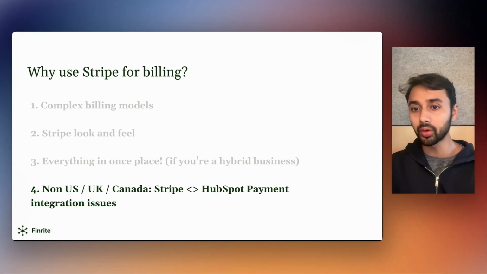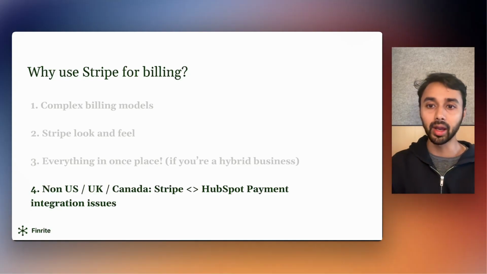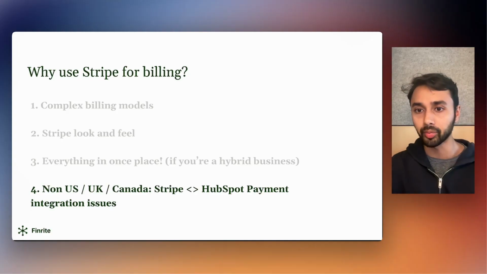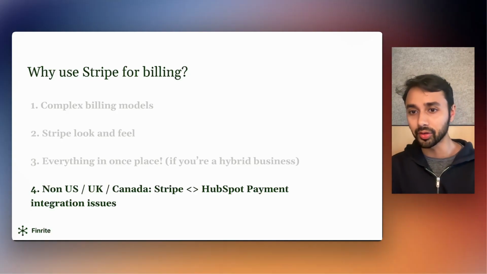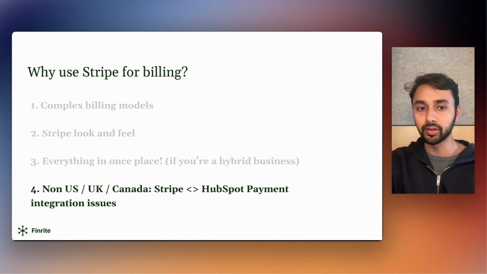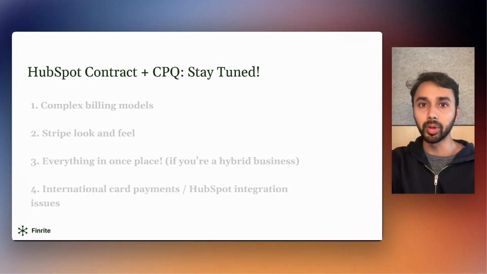You can still bring over a pre-existing Stripe account to charge in countries outside those three, but those integrations can sometimes be difficult and break in cases where you've synced previously that Stripe account to a different HubSpot account. We won't get into the details of that, but it can be a lot easier if you're not in one of those three countries to use Stripe billing and Stripe payments.